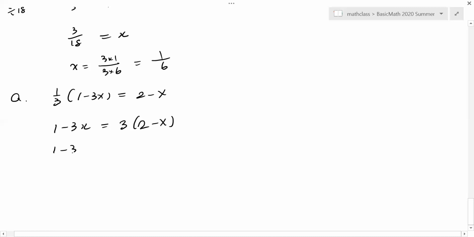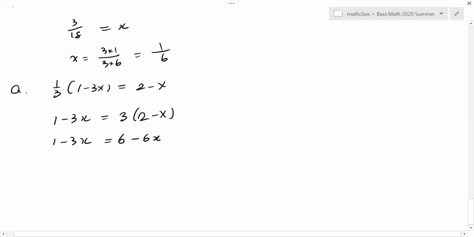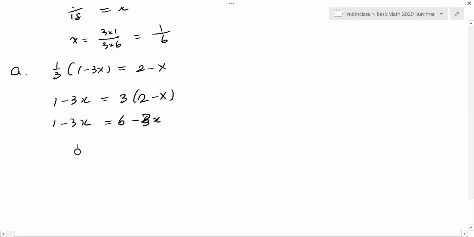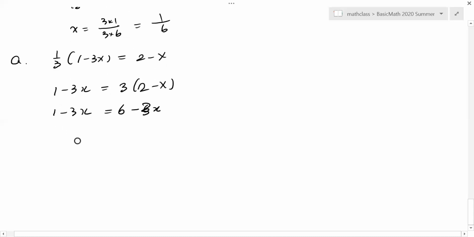Then you have 1 minus 3x equals 6 minus 3x. So you see that 3x on both sides are the same, so you can cancel it. You add 3x to both sides, so 1 equals 6. And it's impossible. If it's impossible, then the answer is no solution.